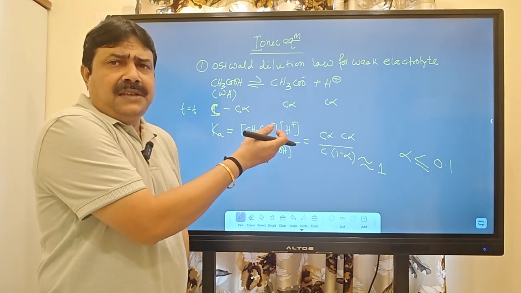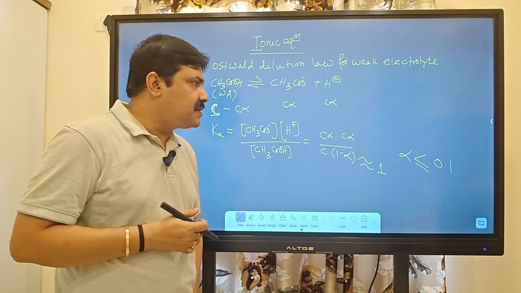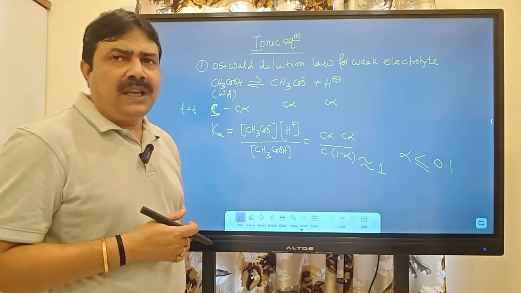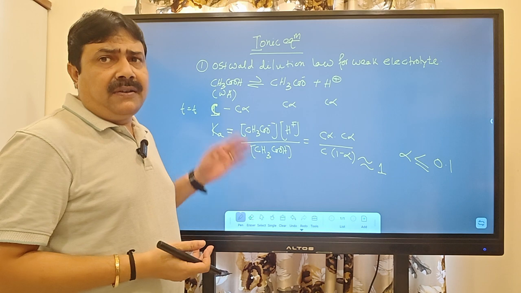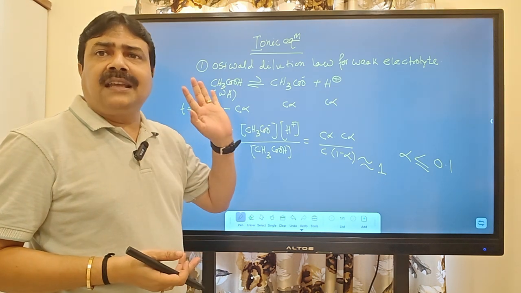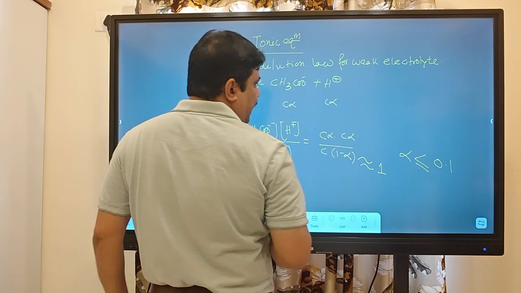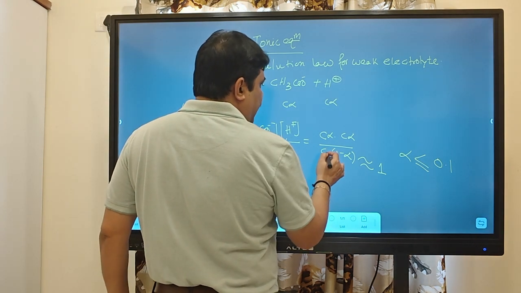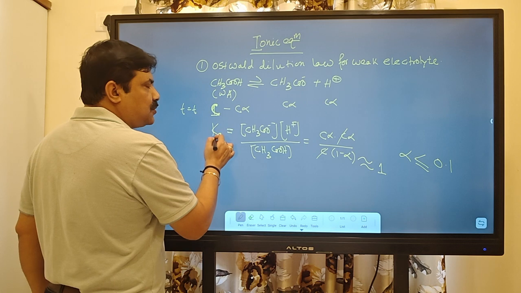If it is not matching that criteria, we can't take the approximation 1 minus alpha almost equals 1. Then you have to solve the quadratic equation. The K value will be provided and you have to get the exact alpha value. Here we are taking that approximation, that's why these cancel out, and we get C alpha square equals K.